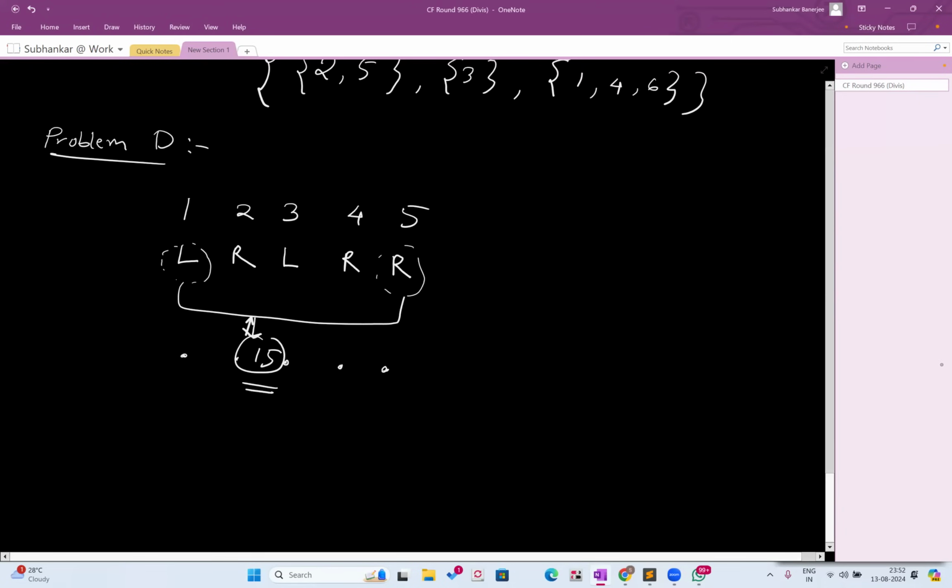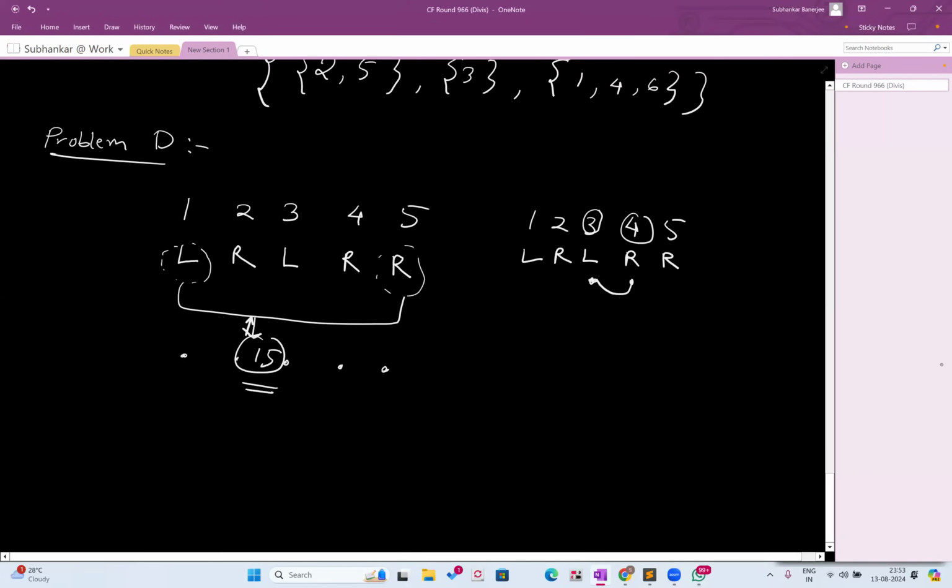But look what we can do better. We have this string. We can choose this first, this and this, the third index and the fourth index.